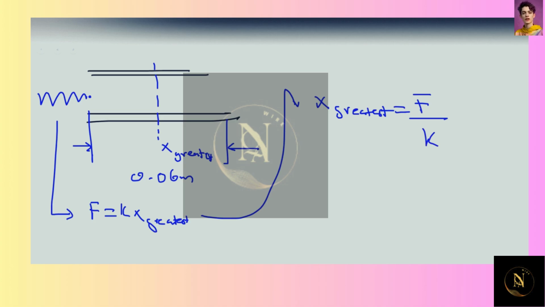And so we have 6 newtons over 400 newtons per meter. That gives us 0.02 meters. What that means is that the distance all the way up until the greatest speed, this distance right here, is 0.02 meters, and that's the distance moved by the ball.